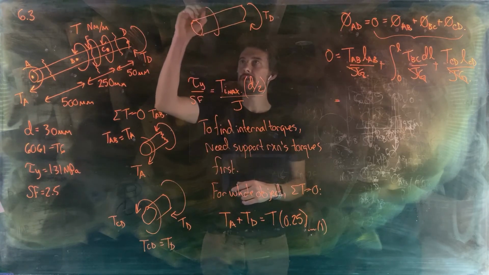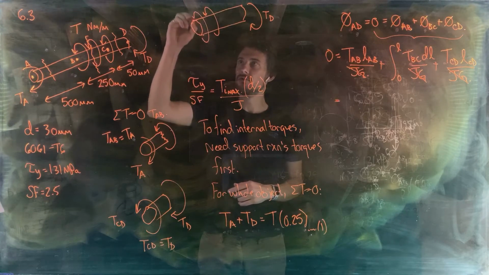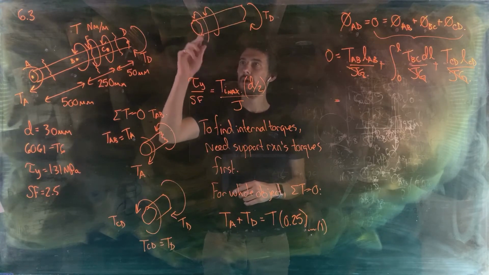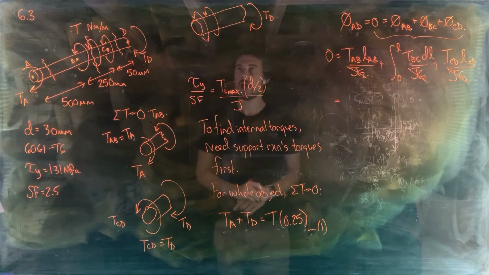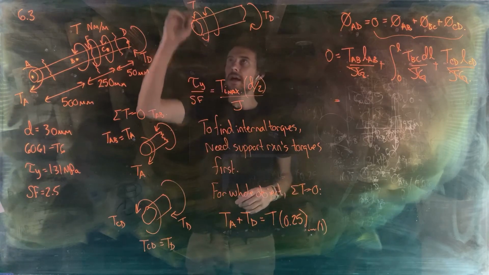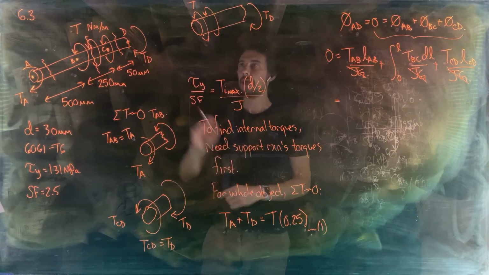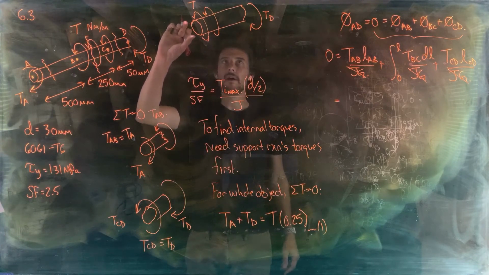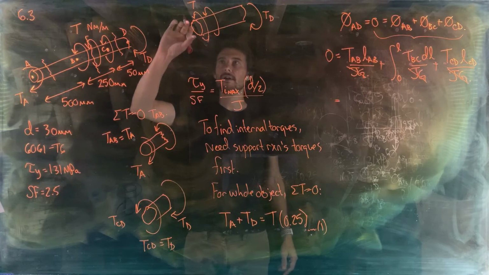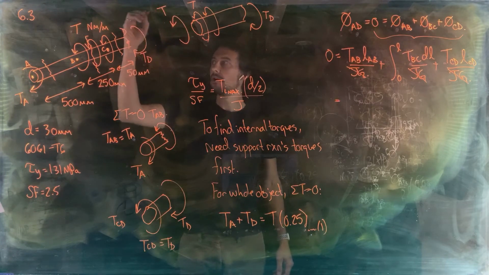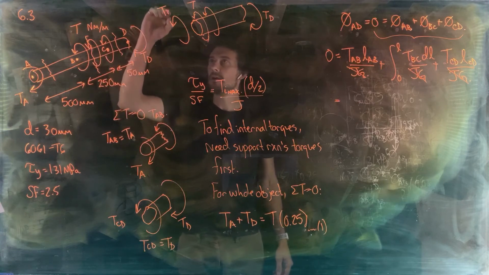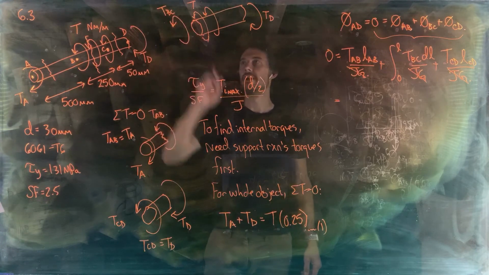And then we've just got a little bit of the distributed torque acting on this object, which has a value of T. And then we've got our internal torque. So I'm going to say that the internal torque here, TBC, is in the same direction as T.